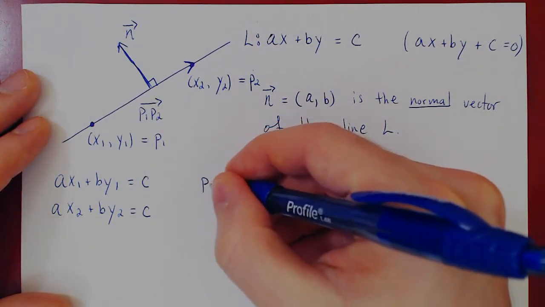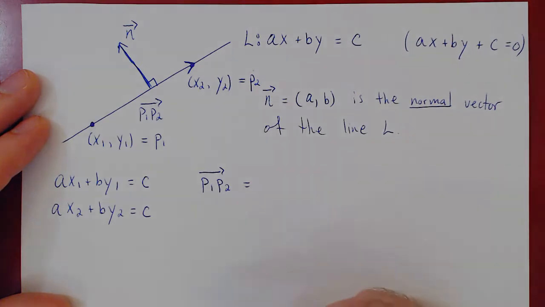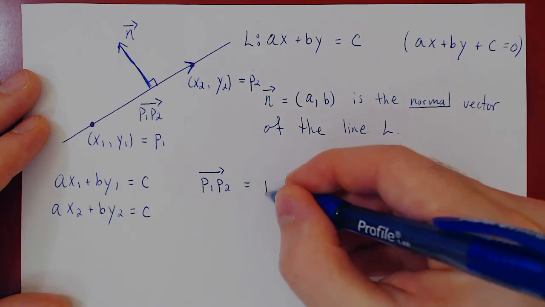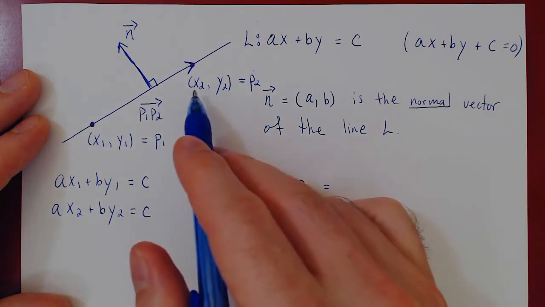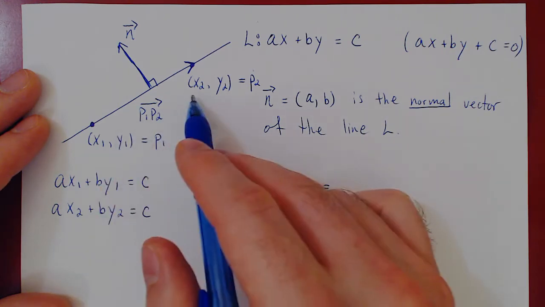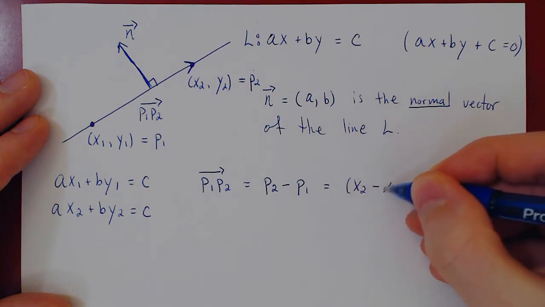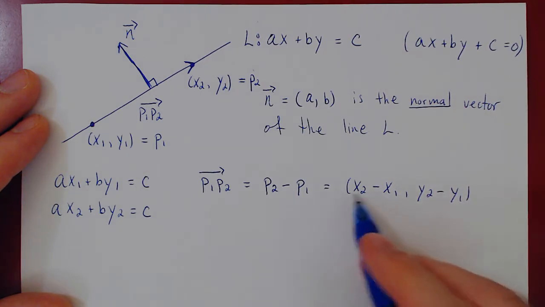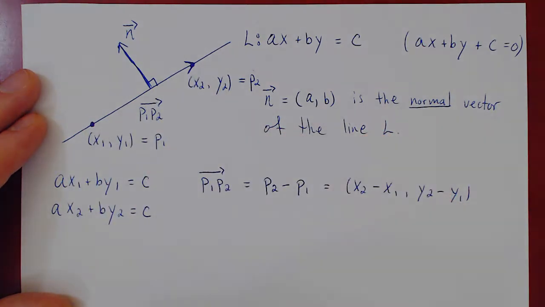If you remember, when you have a vector that's built from 2 points, P1, P2, as we have right here, the coordinates are found simply by taking the end point and subtracting from it the initial point. So if we subtract x1, y1 from x2, y2, we'll get quite simply x2 minus x1, y2 minus y1. So these are the coordinates of vector P1P2, which is an arbitrary vector parallel to the line L.